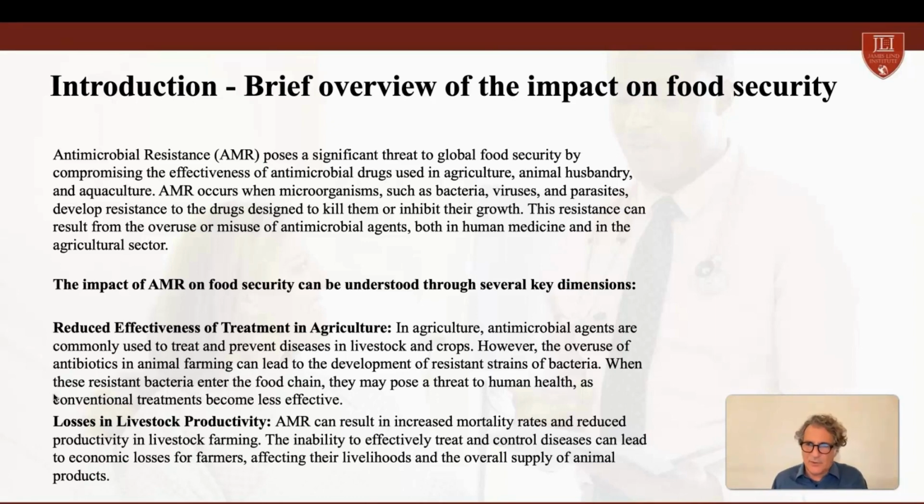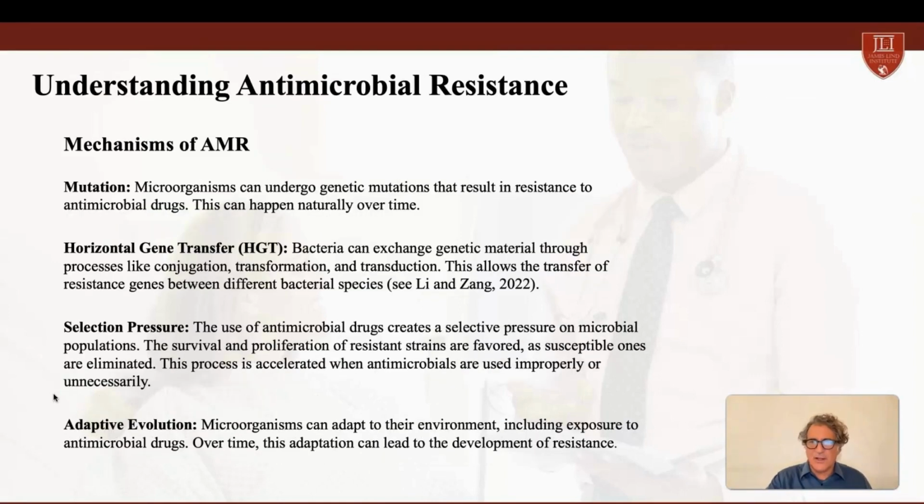It means that there is a risk that these animals will die. And this, of course, reduces the productivity and the effectiveness, but also reduces the stock of animals that the farmers can sell and bring into the supply chain.